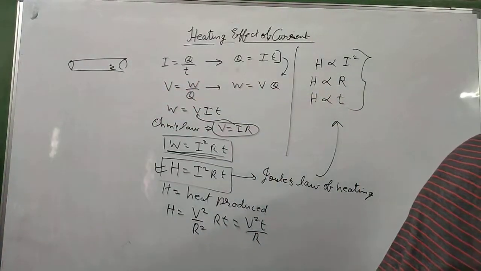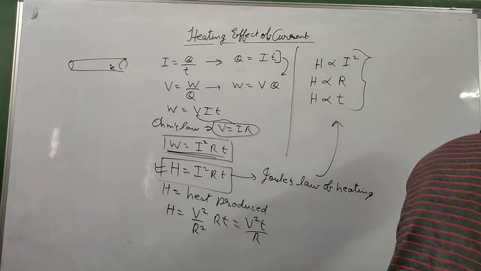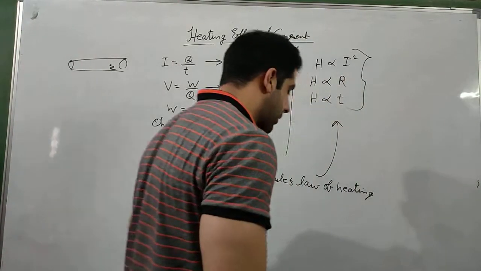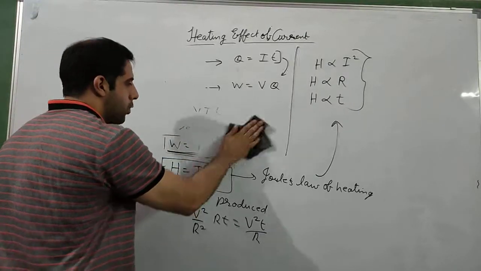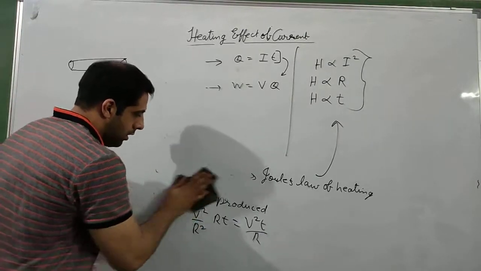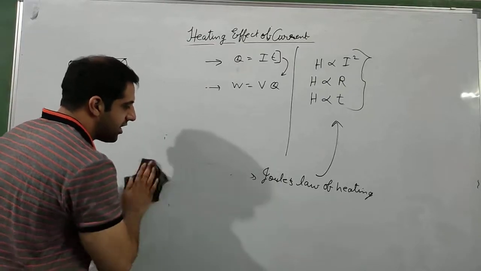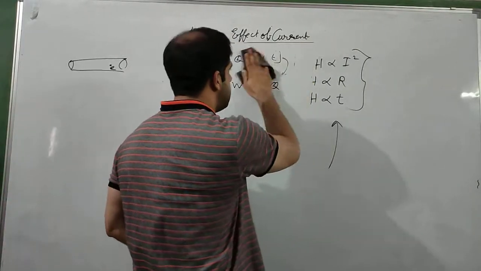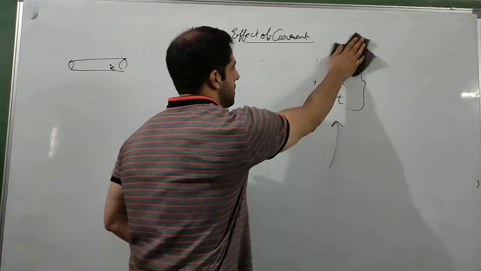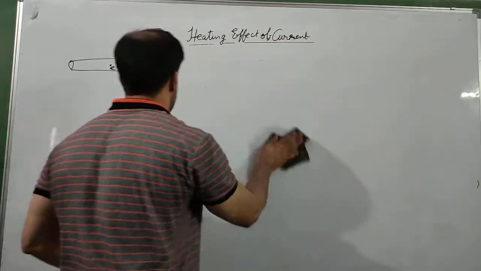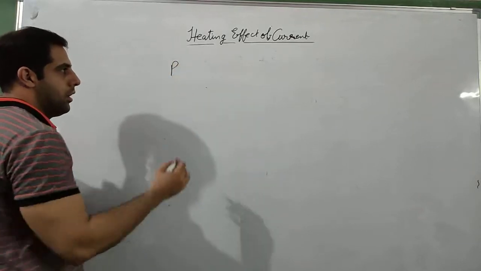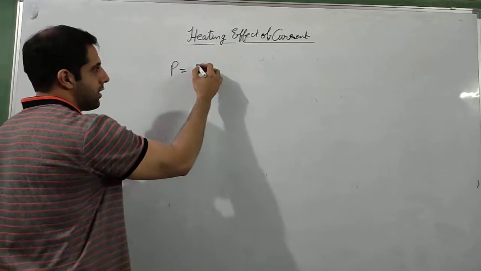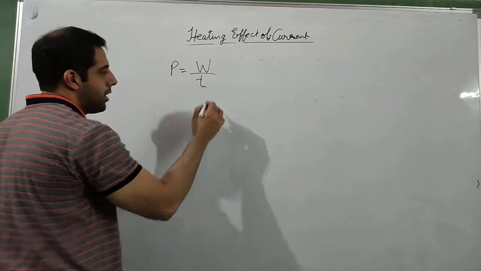From this Joule's law of heating, let us also discuss electric power. Now, what is electric power? What is power first of all? Power we already know. Power is the rate of doing work. You have already studied it in junior classes. Power is equal to the rate of doing work, that means the work done in a particular time.